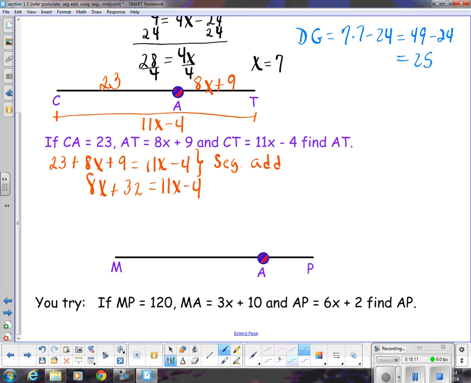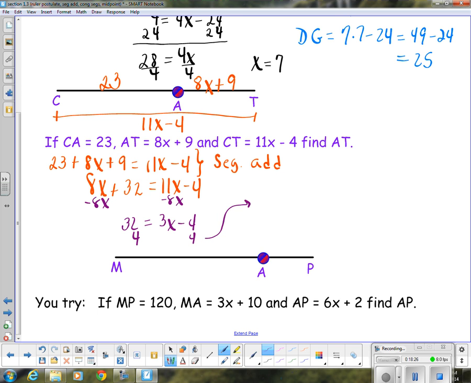Now it's equation solving that we did at the beginning. So I'm going to subtract 8x. I do that to keep my x's positive. So I'm going to have 32 is equal to 3x minus 4. Now I'm going to add 4, and I'll end up with 36 is equal to 3x.